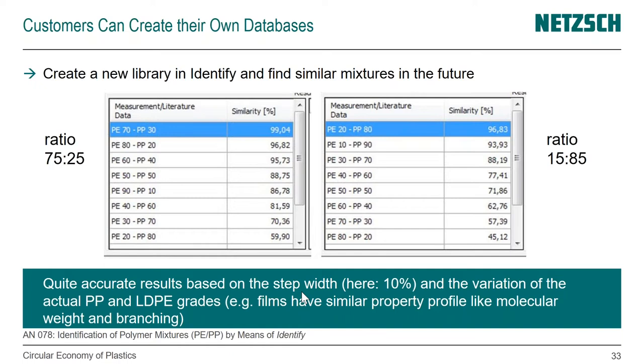And so there is some similarity if you know that your material is coming out of a waste collection of flexible film versus other plastic streams, or if it's bottles, for example. You can narrow down the grades and the behavior that you have.